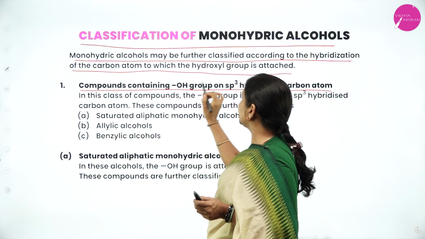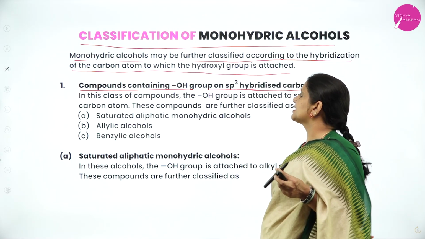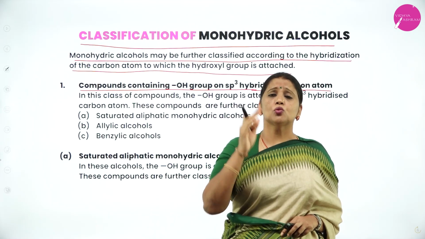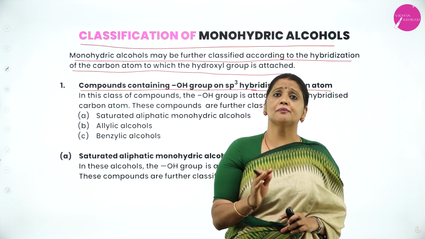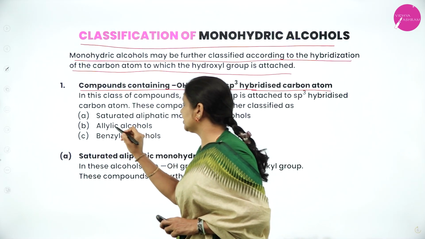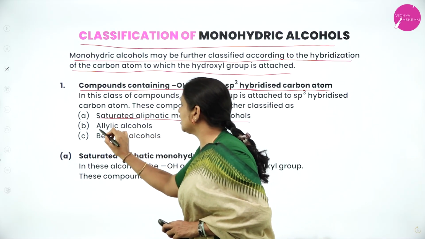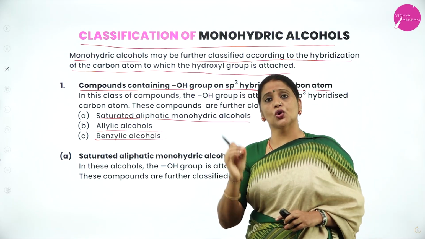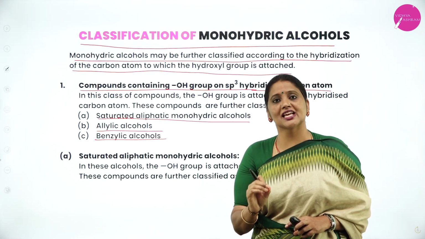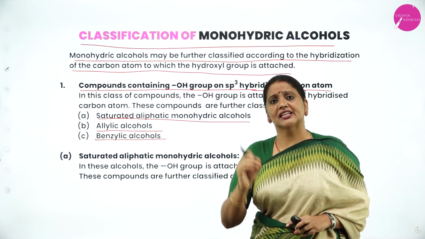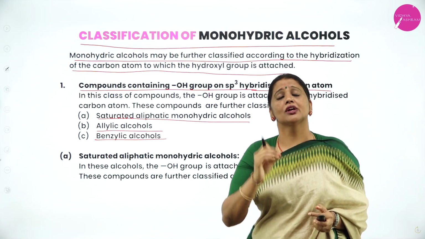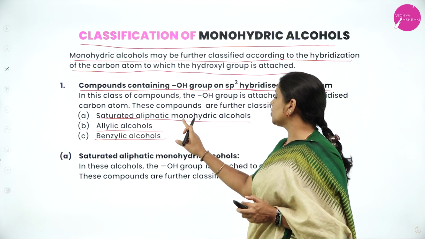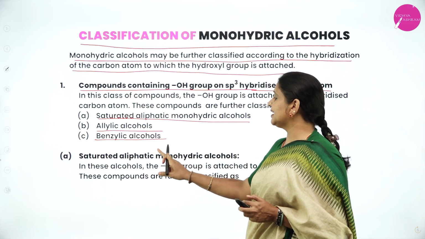When the OH group is attached to sp3 hybridized carbon, they are further classified into three types: saturated aliphatic monohydric alcohols, allylic alcohols and benzylic alcohols.